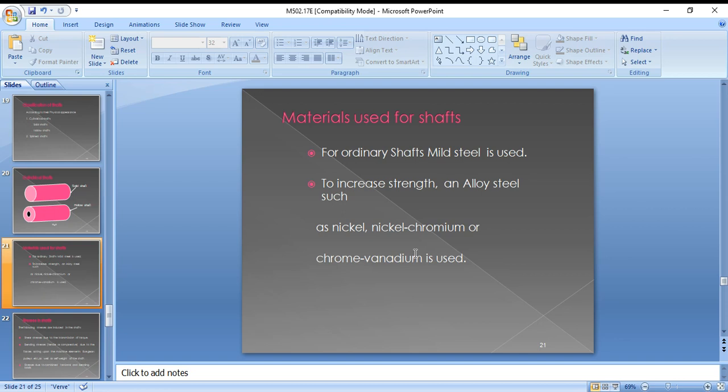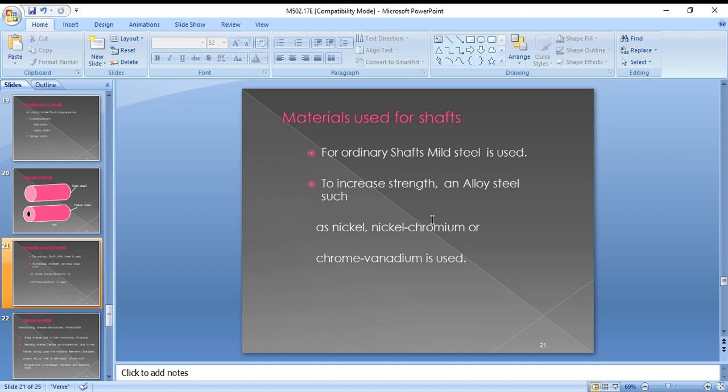Shafts are made by either the hot rolling or the cold rolling process. Hot rolled shafts are turned to size and then finished. In the hot rolling process, we heat the material to get the shape, and after that we need to finish the product.